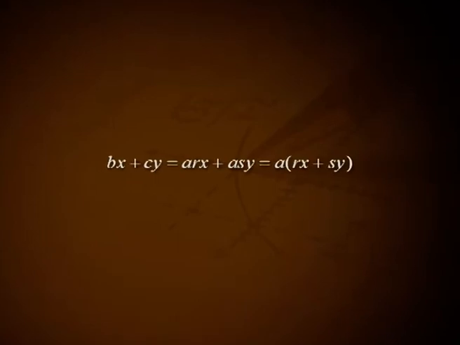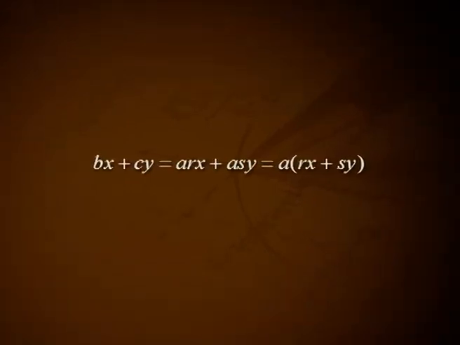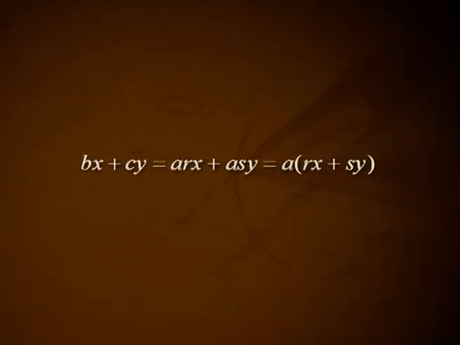C. The relations a divides b and a divides c ensure that b is equal to a into r and c is equal to a into s for suitable integers r and s. But then whatever the choice of x and y, bx plus cy is equal to a rx plus a sy, is equal to a into rx plus sy.